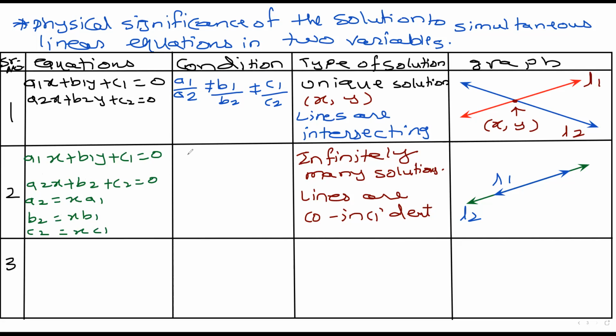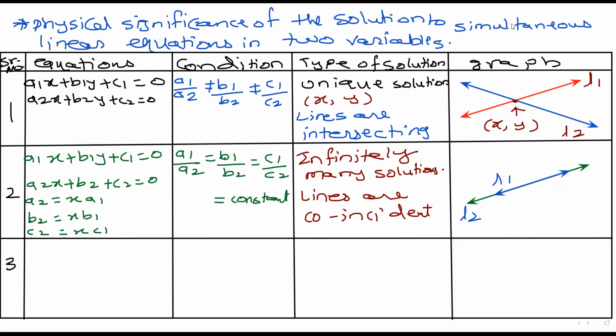So in fact, we have A1 upon A2 is equal to B1 upon B2 is equal to C1 upon C2, which means this is a constant. Note that earlier the ratio was not equal. Here the ratio is equal. A1 upon A2 is equal to B1 upon B2 is equal to C1 upon C2, which is a constant. Then only you have infinitely many solutions.